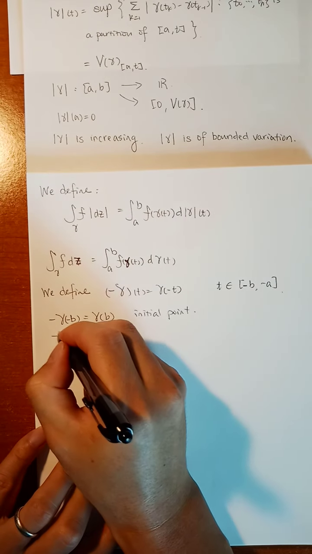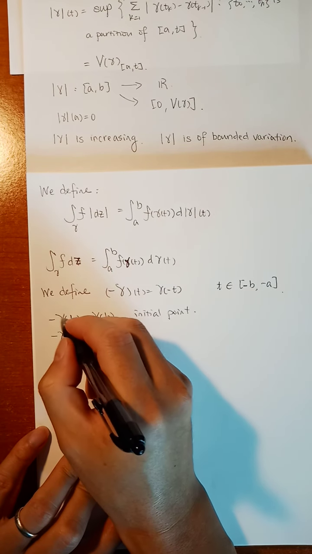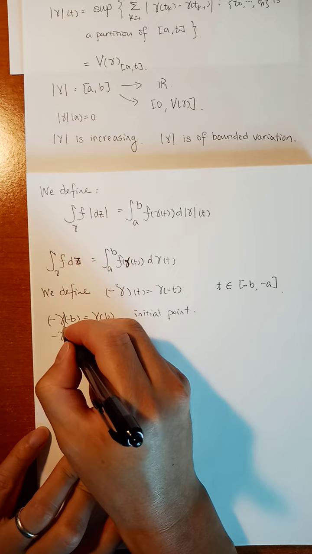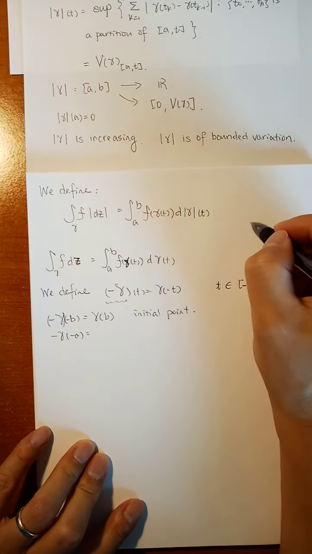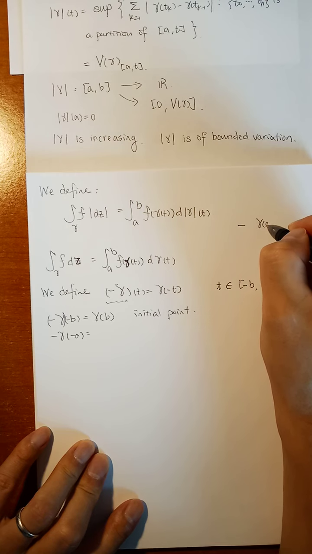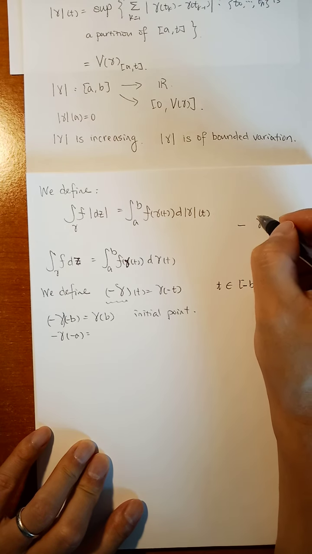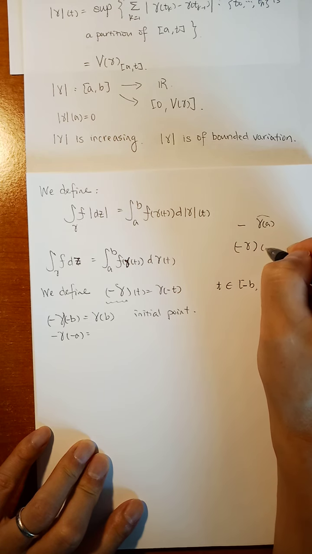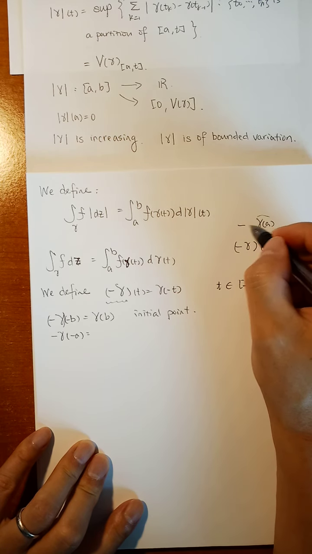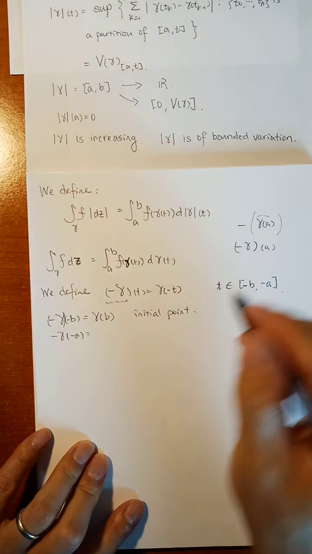And when you have the negative gamma of a, be careful, this is a new path. It's not the negative of gamma of a. You have to understand it as the negative gamma evaluated at negative a, not the negative of gamma of a. That's different.